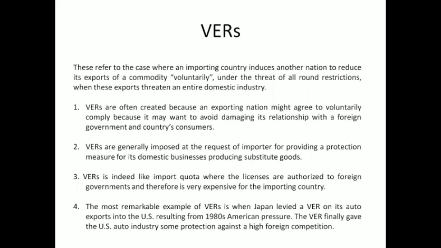Voluntary export restraints have been negotiated since the 1950s by the United States, the European Union, and other industrial nations to curtail exports of textiles, steel, electronic products, automobiles, and other products from Japan, Korea, and other nations.